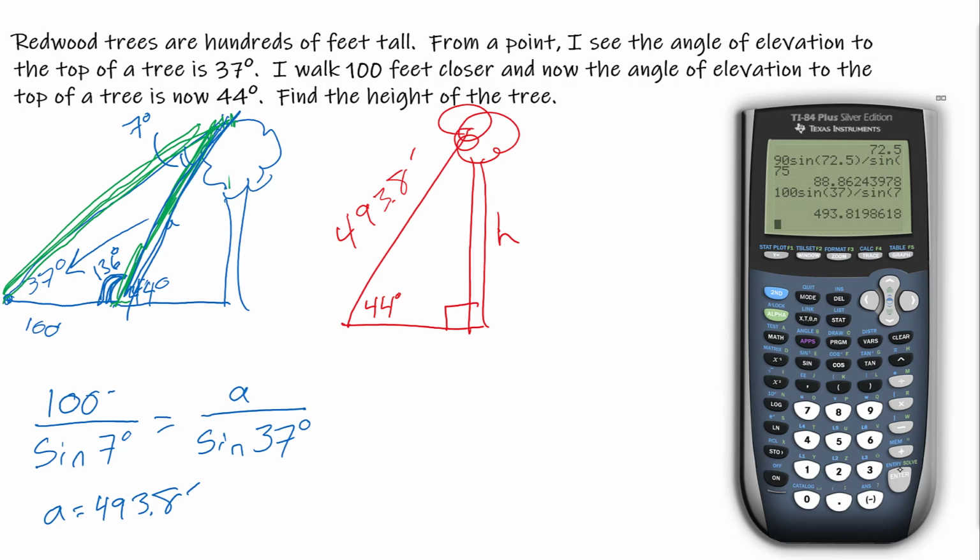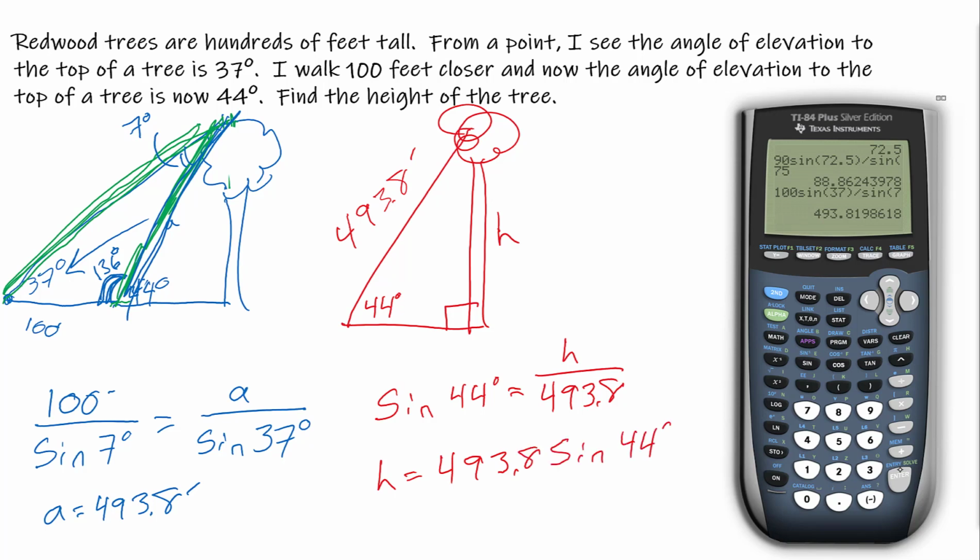We also know that sine of 44 degrees will be our opposite, h, divided by our hypotenuse, 493.8. And so if we do a little multiplication, we get that the height of the tree is 493.8 times sine of 44 degrees. So 493.8 sine 44 equals, this tree is 343 feet high.